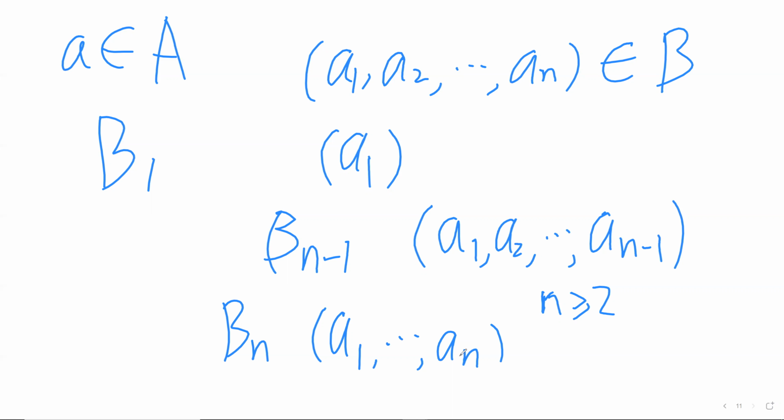So for the last element An, you can select any element from A, and then you have a union of all these new sets, which based on our previous proposition, should be countable. So this tuple is countable. That's for now.